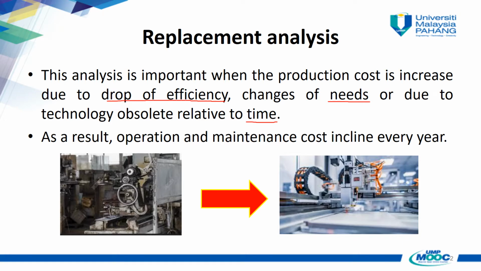All right, we have our machinery, but our machinery becomes older, and we want to see what happens if we have an option to buy a new one and replace it, because as a result, operation and maintenance costs for the older machine will increase every year.